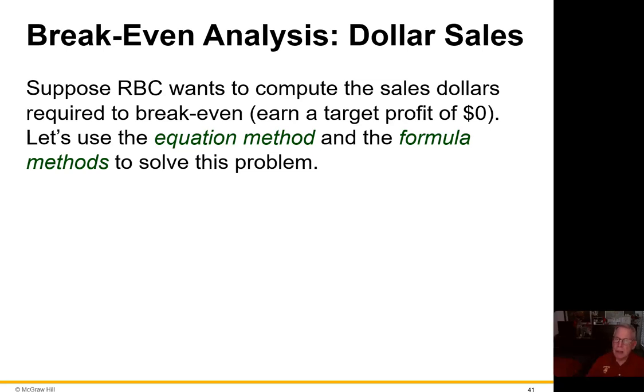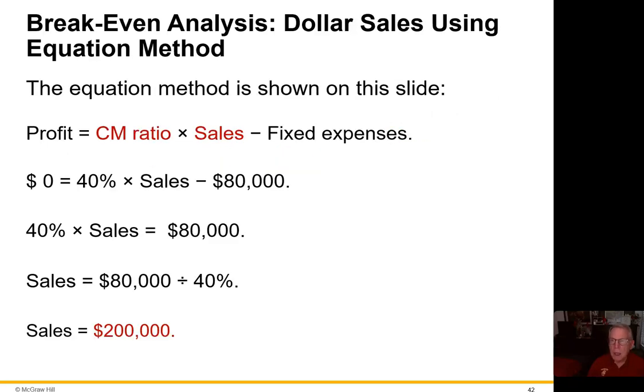Now, let's say we wanted to compute sales dollars instead, required to break even, and earn a target profit of 0, which would be break even. We have an equation for that as well. So let's look at that. The equation here is the profit is equal to the contribution margin ratio times sales minus fixed costs.